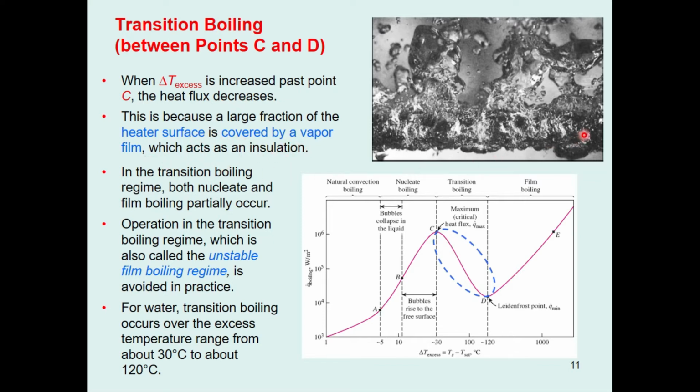So a large amount of vapors are generated if the delta T excess is in the range of 30 to 120 degrees centigrade, and those vapors generated at the heating surface act as a film which provides insulation, right? Let's suppose we have the heating surface, and it is being covered or insulated by the vapors being generated, and that is why the boiling heat flux decreases in this region.